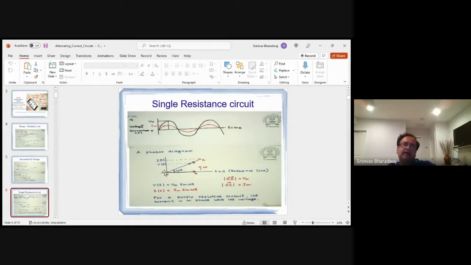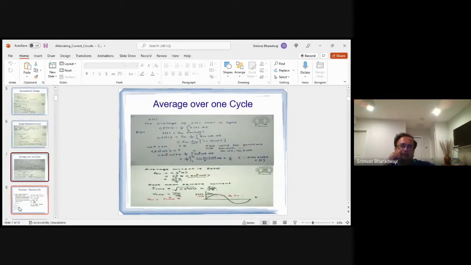But in a partially resistive circuit where there is also, let's say, an inductance or a capacitance, you will have the current being like that. It will be out of phase with the voltage, because there is either an inductor or a capacitor. That is the basis of AC circuits.